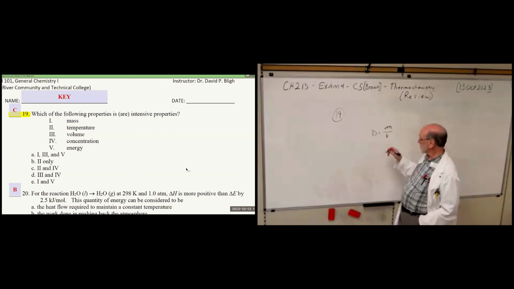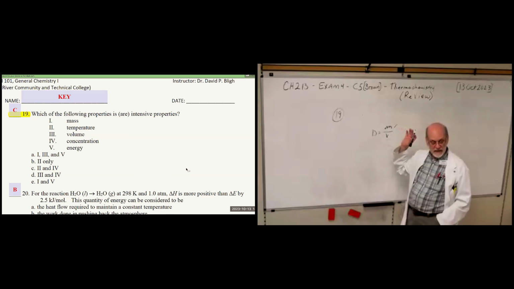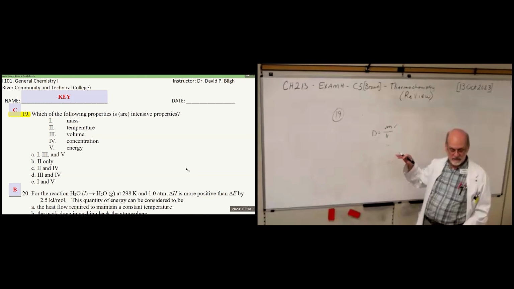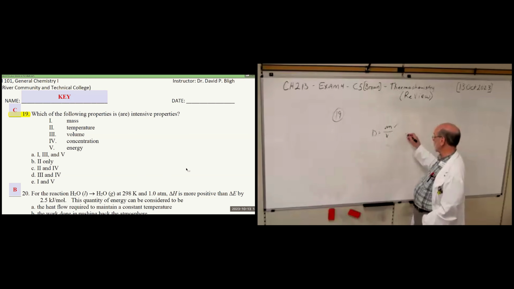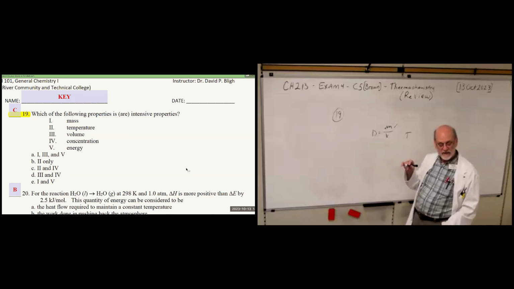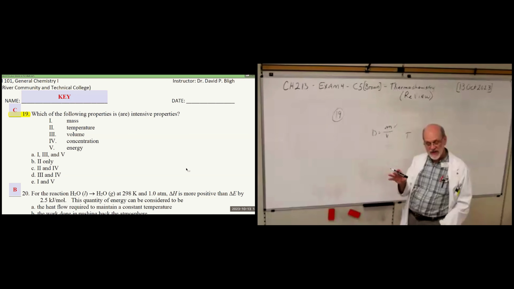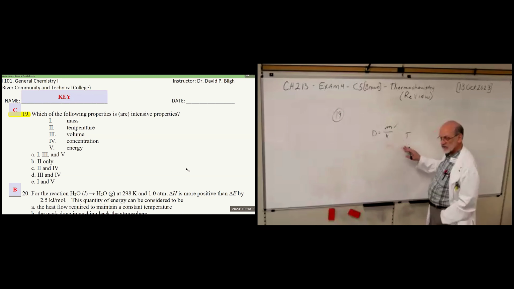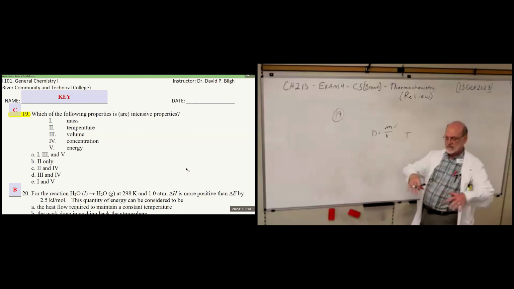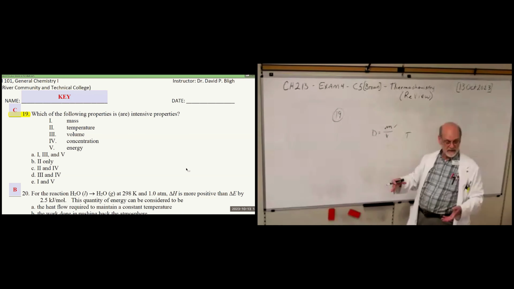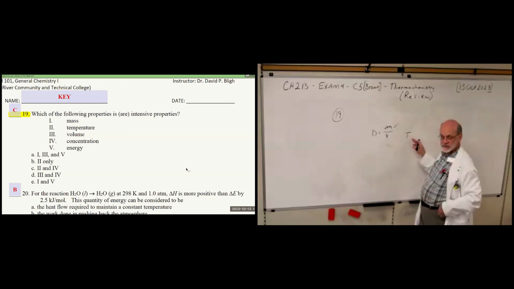All right, so mass is an extensive property, not intensive. Temperature is an intensive property because it doesn't matter how much of the substance you have. If it's at a certain temperature, you can have a little bit or a whole lot, and it'll be the same temperature.